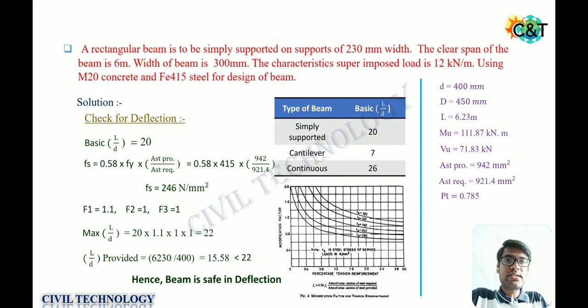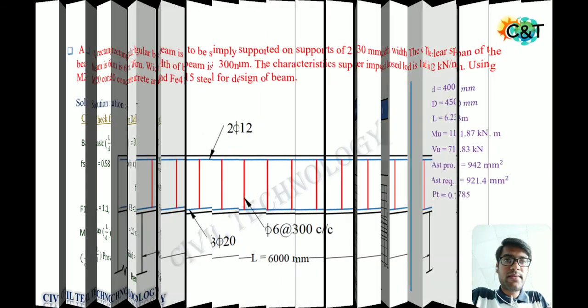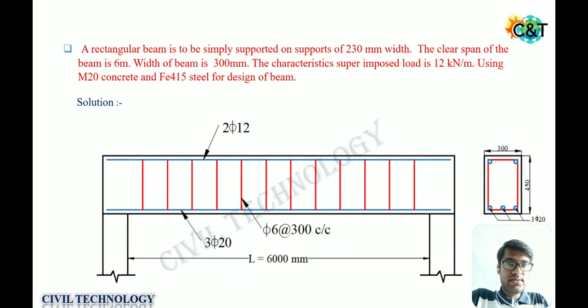Now let's see the detailing part. That's the last portion of this design. Whatever we calculated, this is our beam, this is our width of support, and this is our bottom reinforcement that we calculated, 3 bars of 20 mm dia.